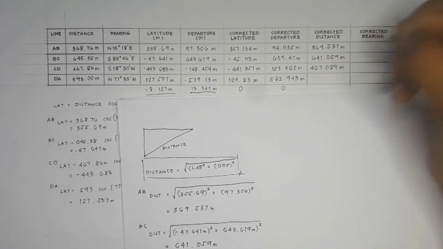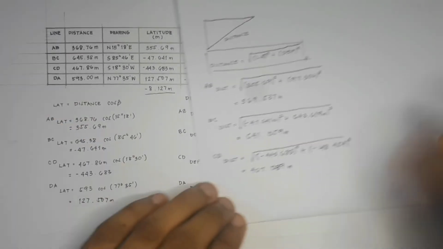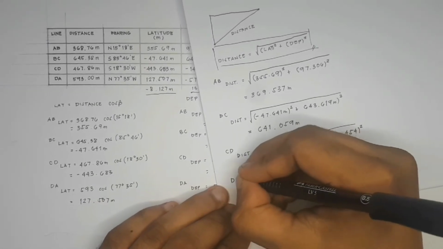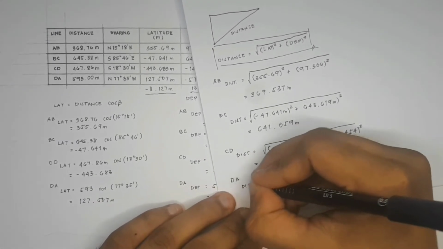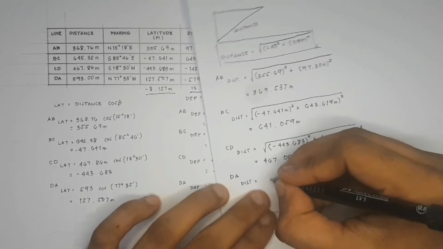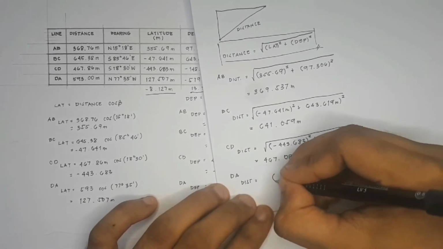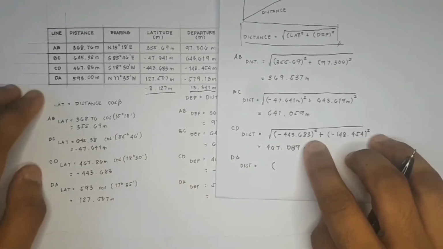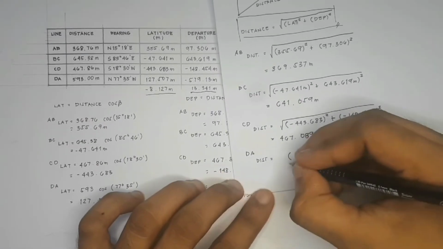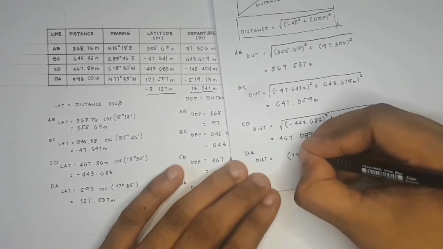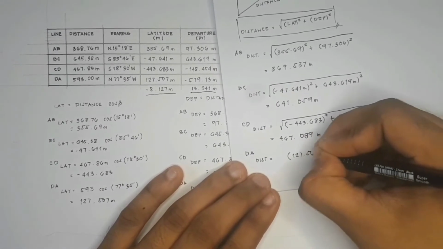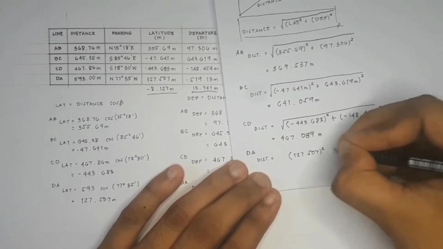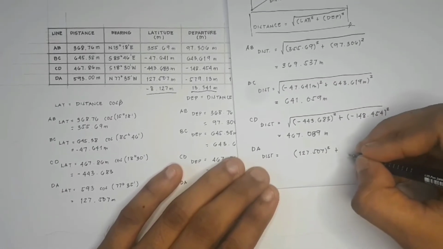And for our line DA, the distance is equal to the square root of latitude square of DA. So we have the latitude of DA, 127.507 squared plus its departure.